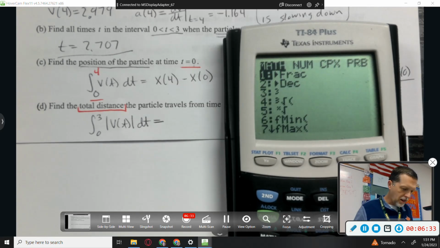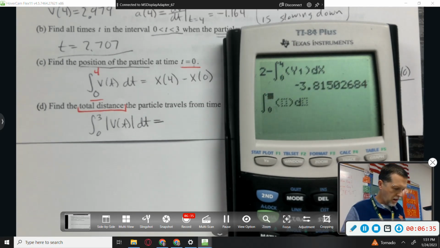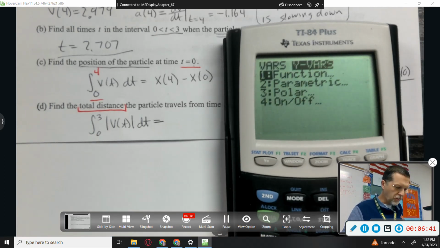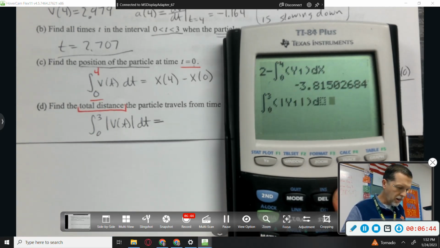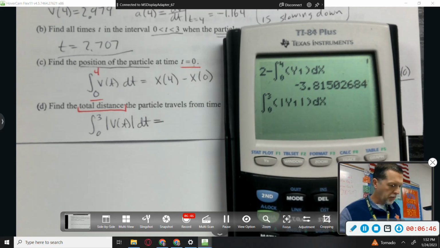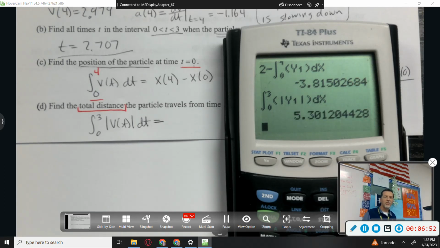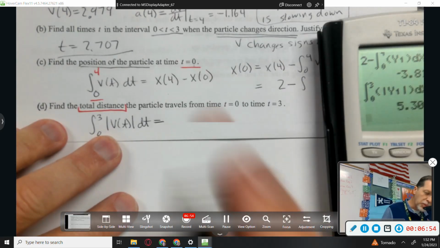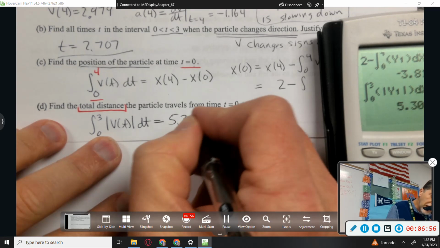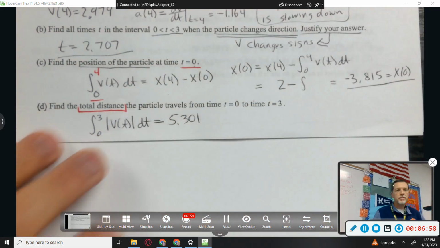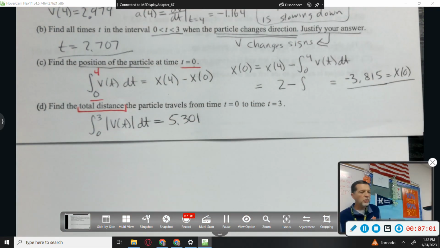So math 9, 0 to 3, math num abs, bars, y1. It always has to think a little longer on the absolute value problems. I feel like it shouldn't take that much longer to just turn all the numbers positive, but what do I know? It already automatically calculates all the negative numbers. So 5.301.